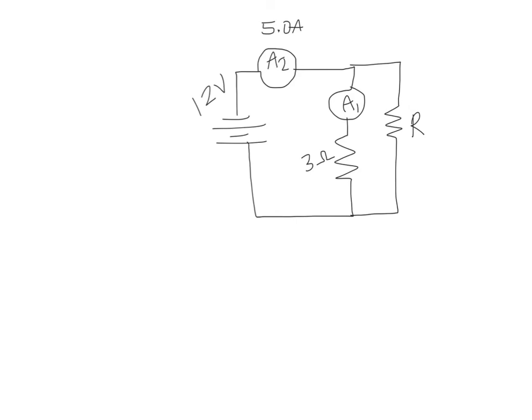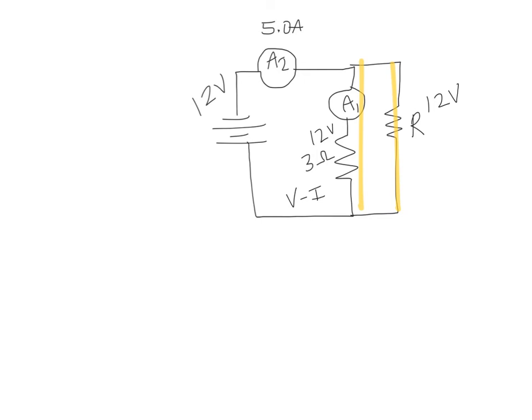So if you're pressed for time, the easiest way to do this one is to say these two branches are in parallel. So that means they both get the same voltage. So that means this thing gets 12 volts, this thing gets 12 volts. If I did V equals IR, I now have 12 equals I times 3.